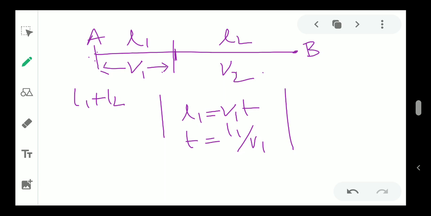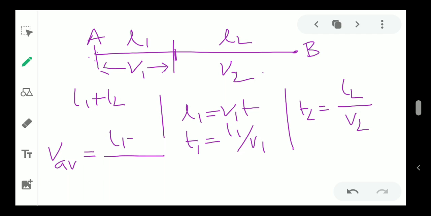Also this will be my t1, and my t2 will similarly be L2 by v2. So my v average will be L1 plus L2 by t1 plus t2.